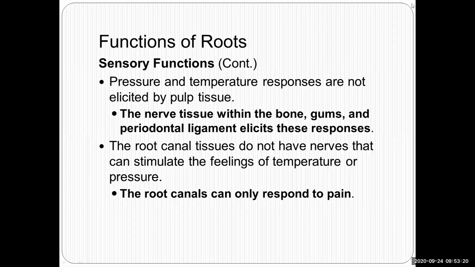Okay, so the root canal tissues do not have nerves that can stimulate the feeling of temperature or pressure. The root canals can only respond to pain. How many times has that been said?